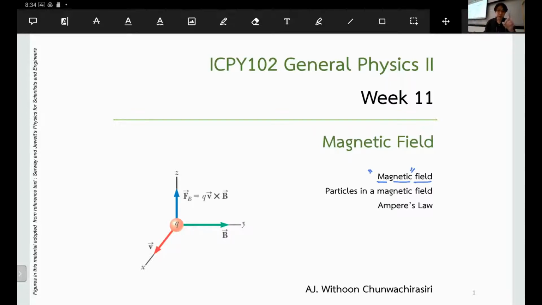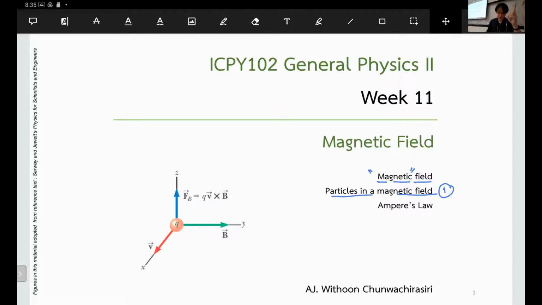But the complication comes in: it turns out a particle in a magnetic field behaves differently from a charge in an electric field. That's the key of the discussion today, or one of the keys. This is the first thing we are about to focus on, and this is going to be a question in the exam.